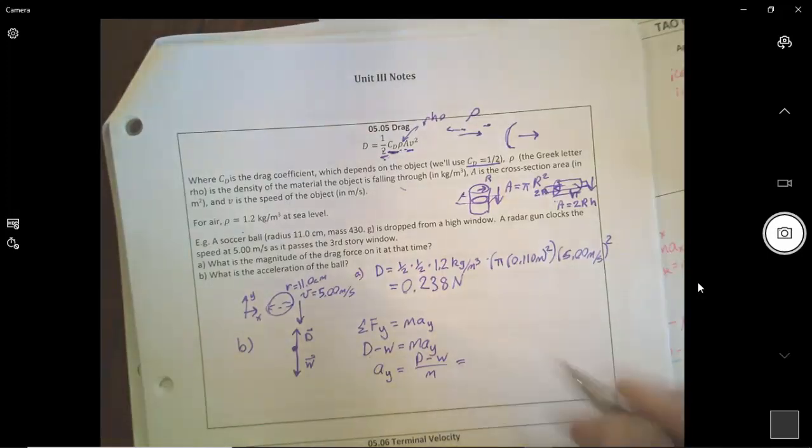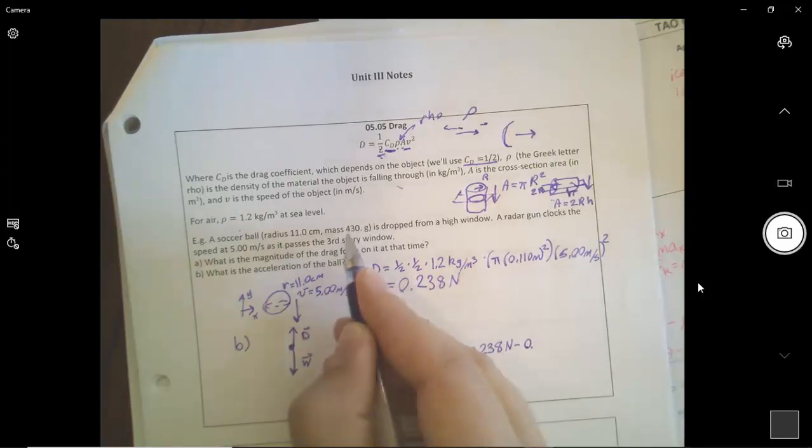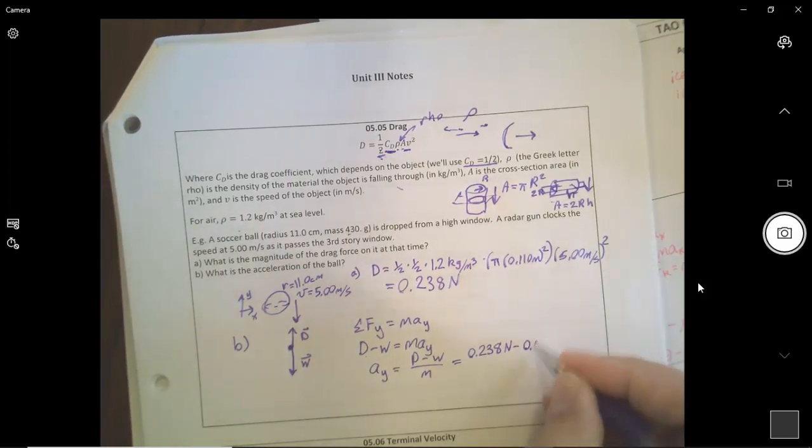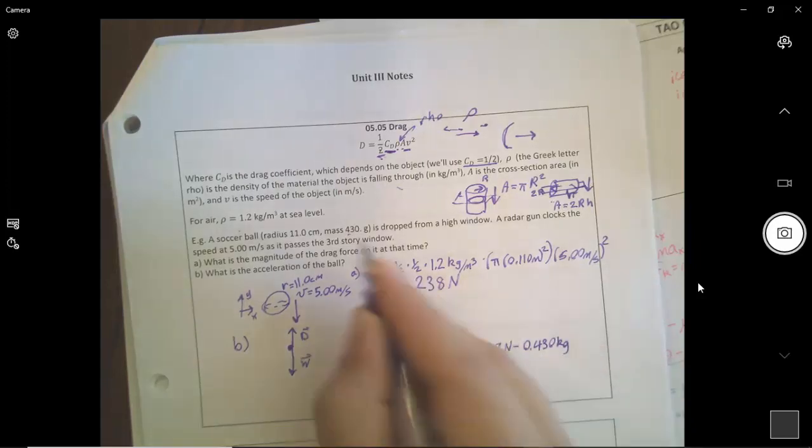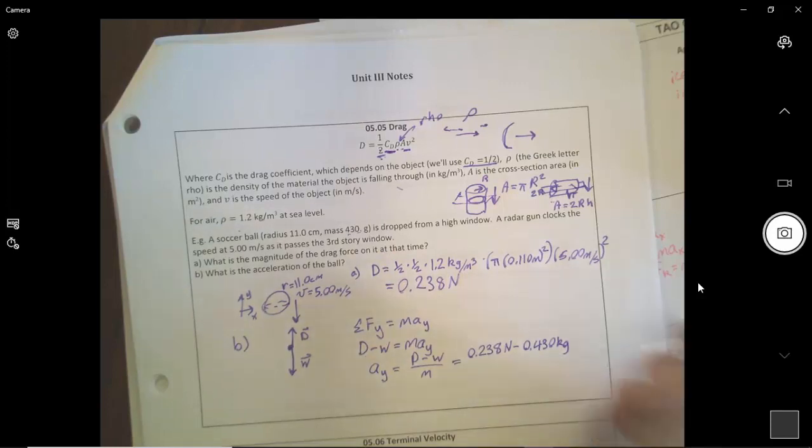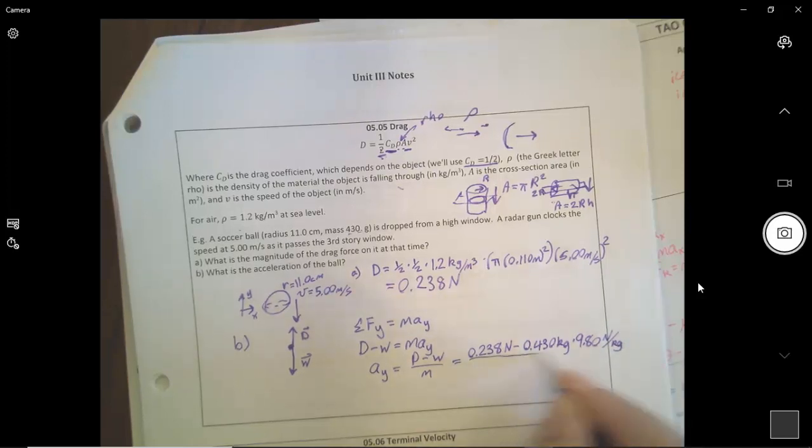So that's going to be equal to, we already have the drag force. The weight, the mass we have here, right? So that's 0.30 kilograms. We have to convert from grams to kilograms, times 9.80 newtons per kilogram. And we're going to divide that by 0.430 kilograms.